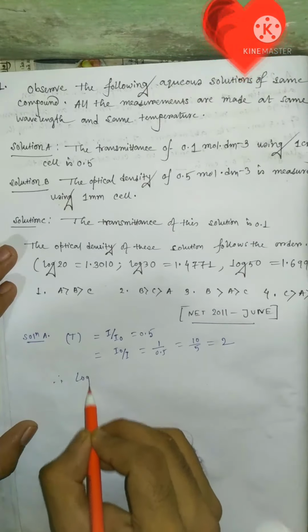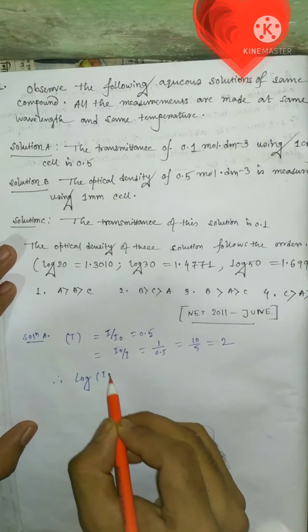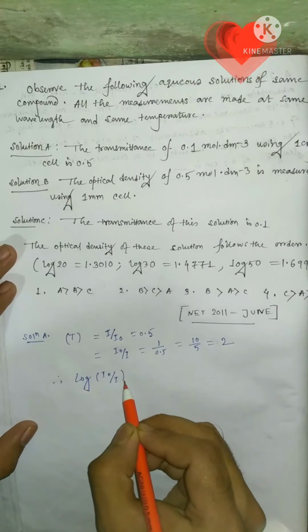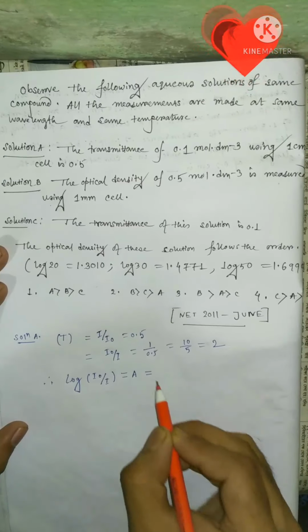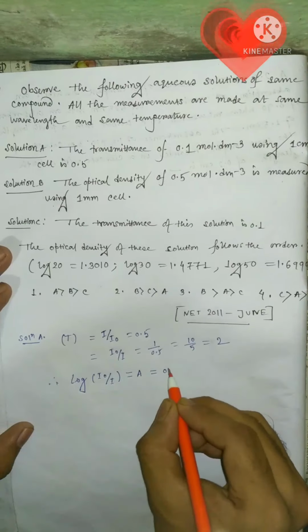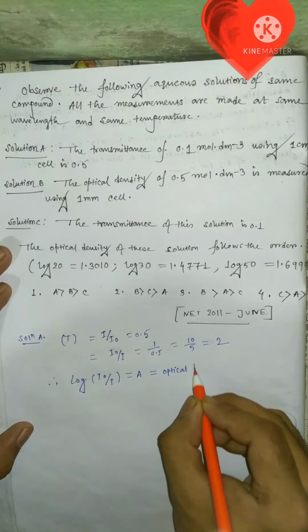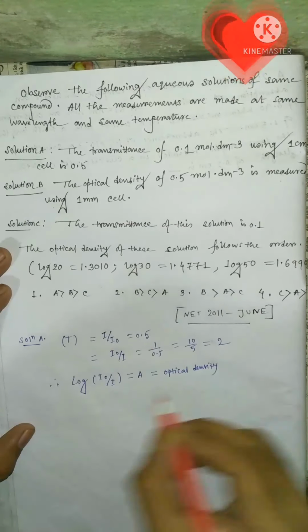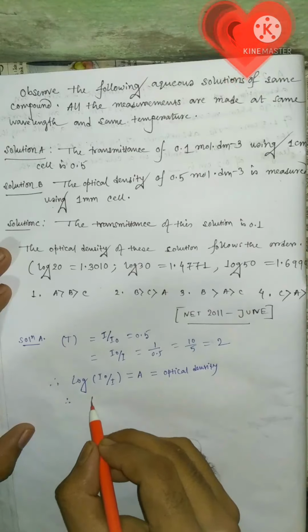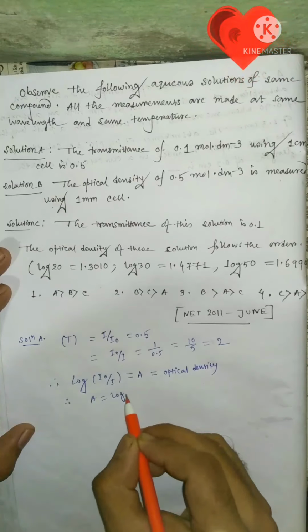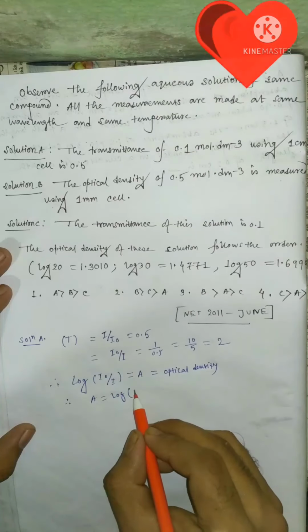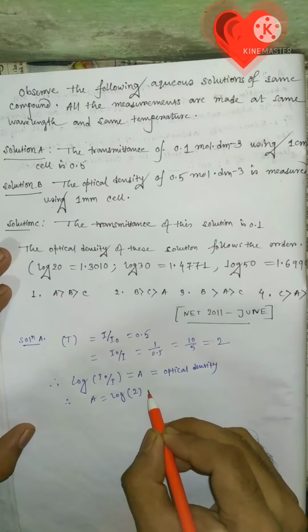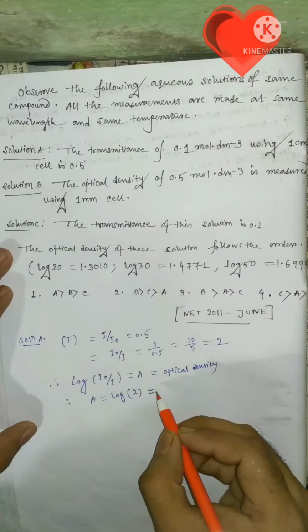Therefore log I0 by I equals A, which is called optical density. So A equals log 2.